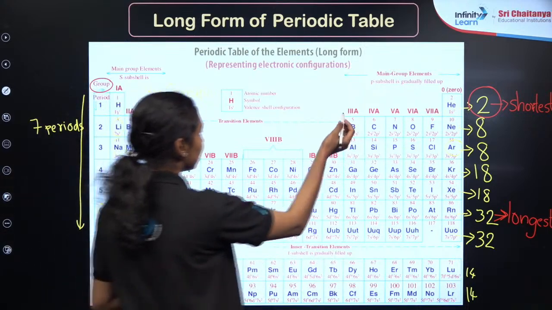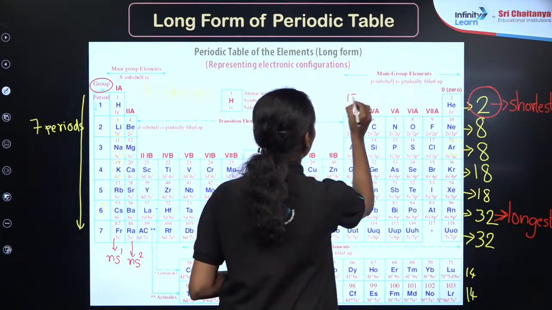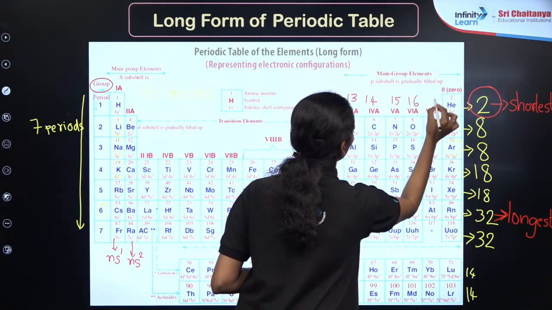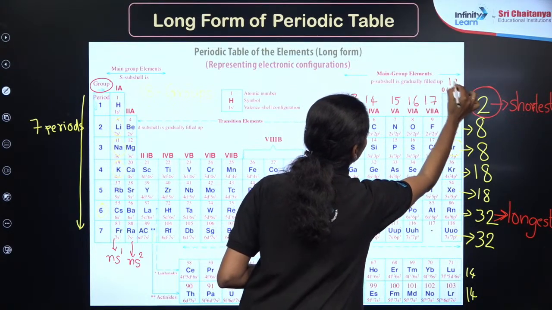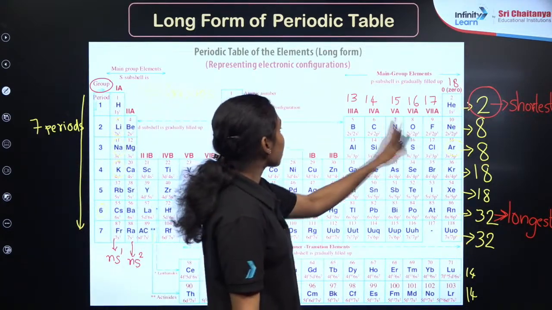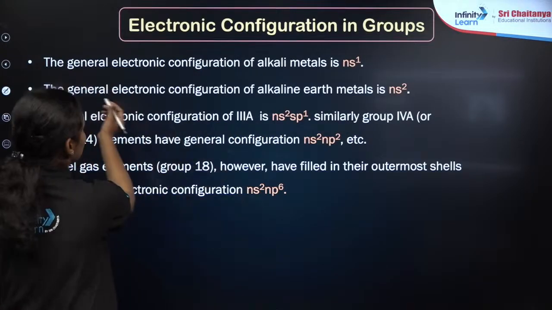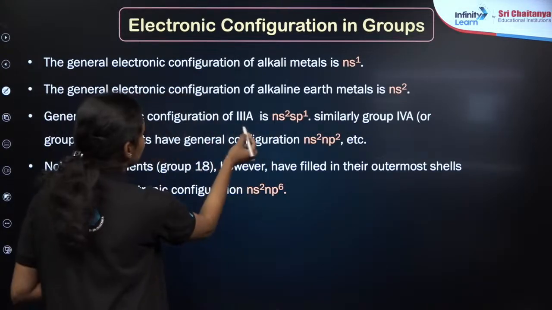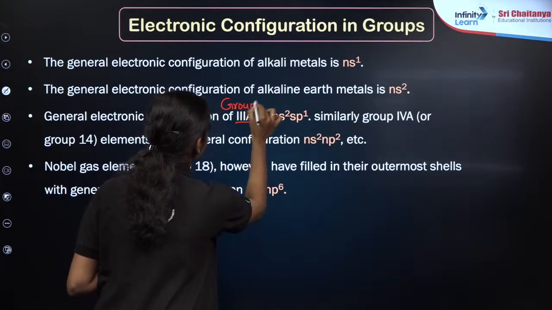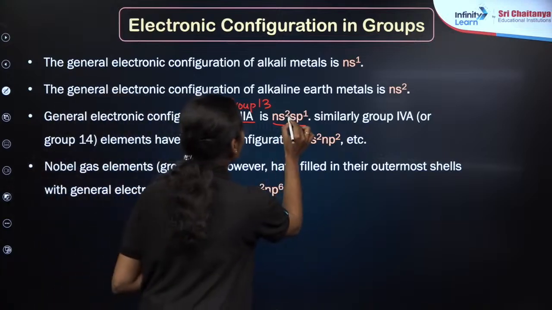Now let me move to the group 13 to 18 elements. This is the 13th group, this is the 14th group, this is the 15th group, this is the 16th group, 17th and this is the 18th group. While observing the electronic configuration, you can see that the general electronic configuration of group 13 is ns2np1.